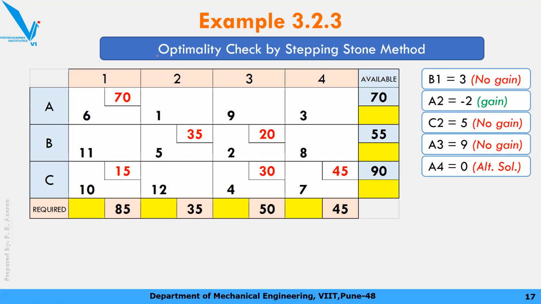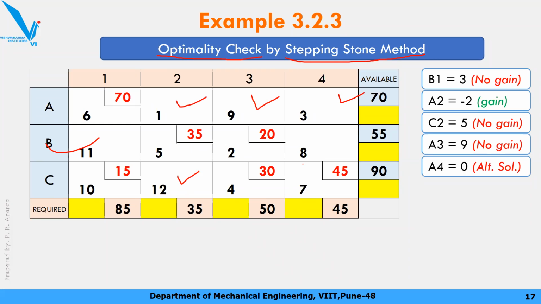We are going to check for optimality by the stepping stone method for unoccupied cells. Currently we have checked the improvement index for cells B1, then A2, then C2, A3, A4.